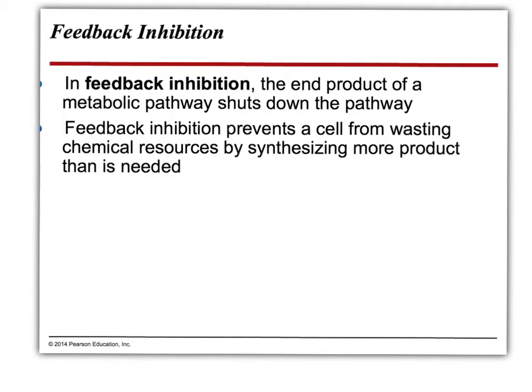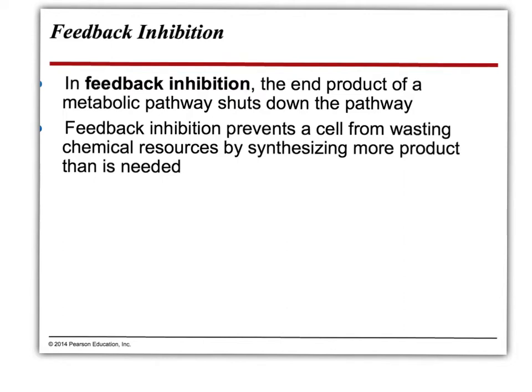The idea is to go from substrate to product. It's inefficient to produce more product than a cell actually needs. If a cell needs only a little bit, why produce a lot? That's a waste of resources.